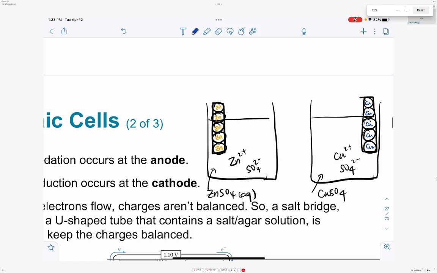And these two pieces of metal are connected by a metal wire.